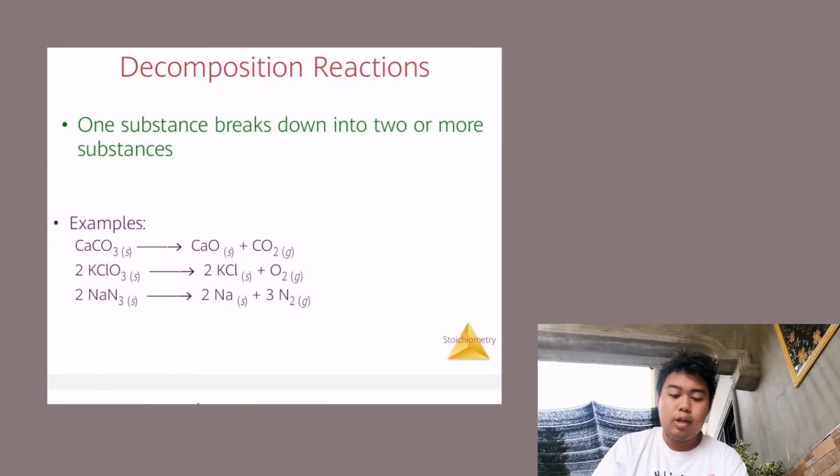Decomposition reaction. One substance breaks down into two or more substances. Example: calcium carbonate equals calcium oxide plus carbon dioxide.